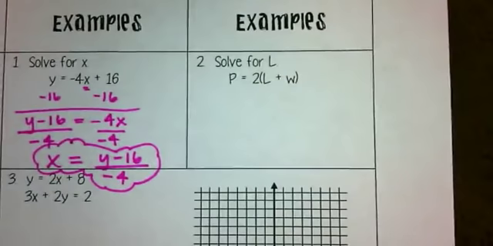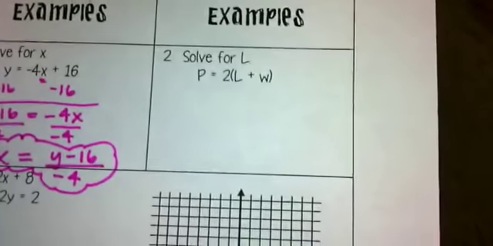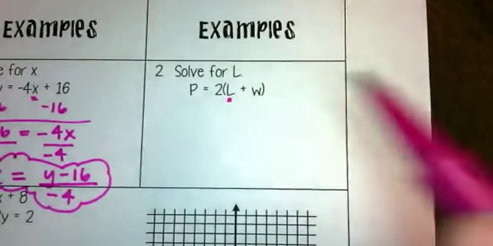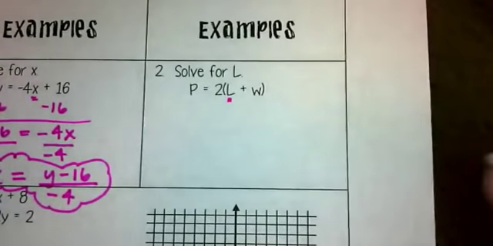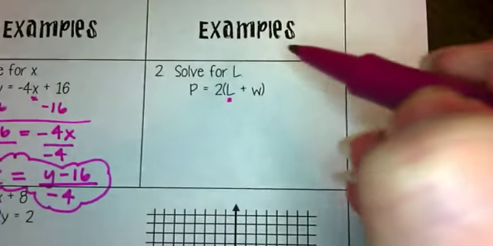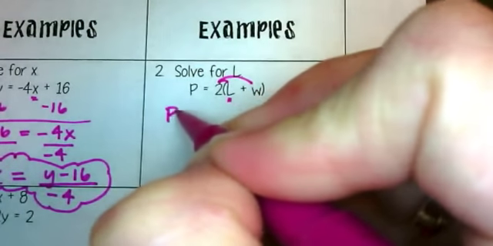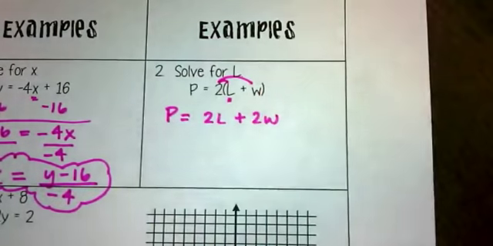All right, number 2, we are going to solve for the length. So again, let's try to get this zoomed in a little bit. We want to get L by itself. If we were doing a normal problem, there are a few things we can do, but probably what you guys would do first would be to distribute the 2. So P equals 2L plus 2W.